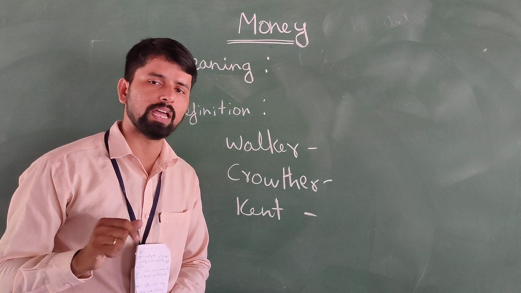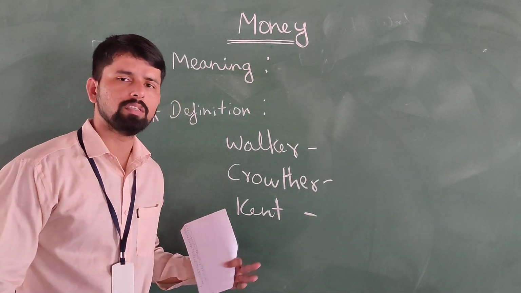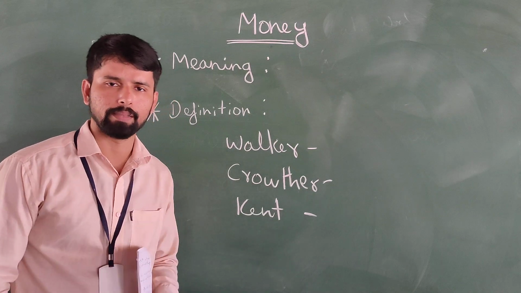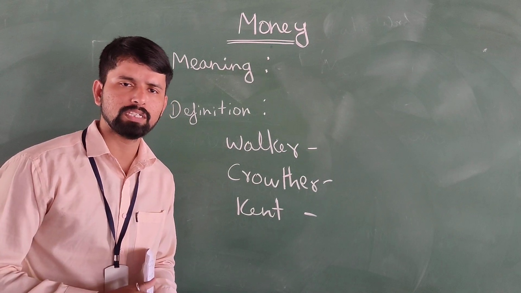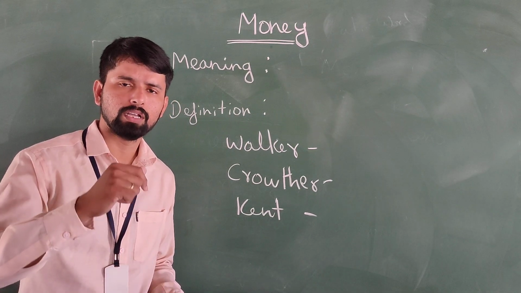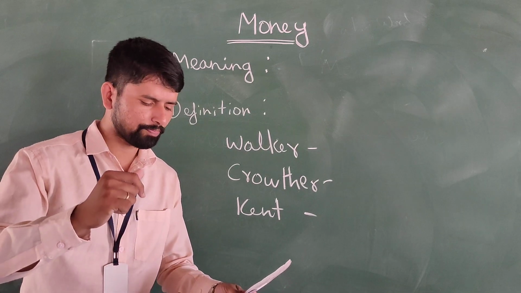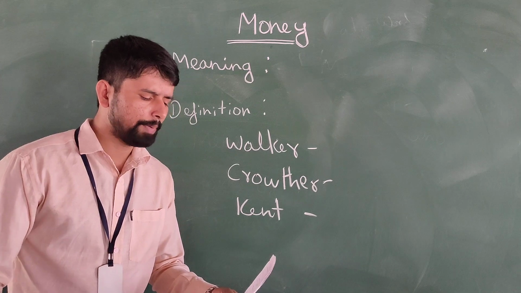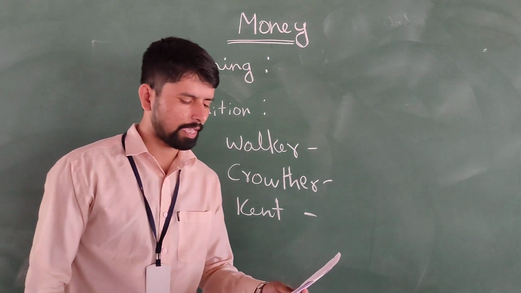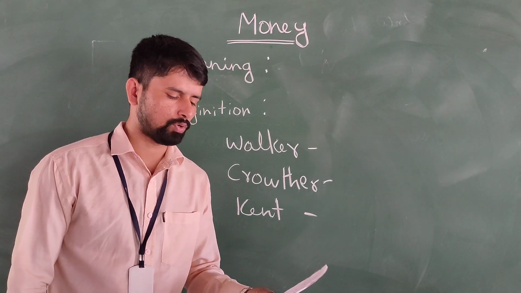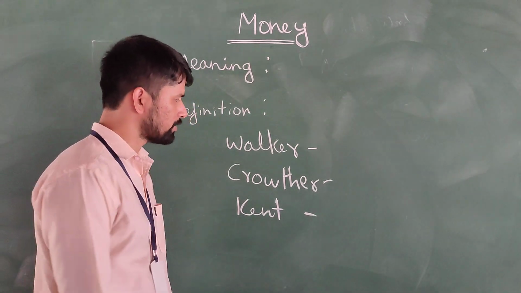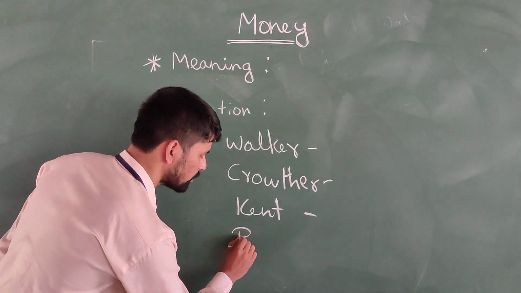That's why store of value is another function, and that term is used by Kent to define money. Kent says that money is that which is generally or commonly used by all as a medium of exchange or as a store of value. Then the fourth definition is given by Robertson.